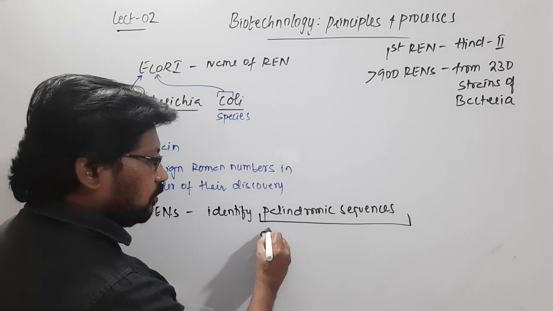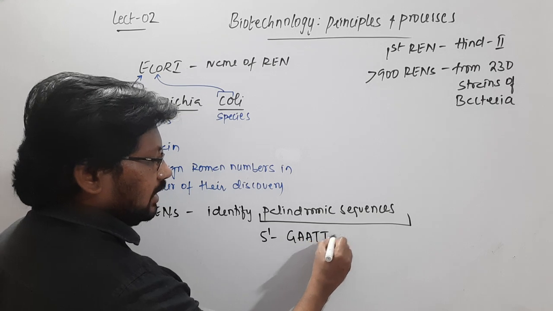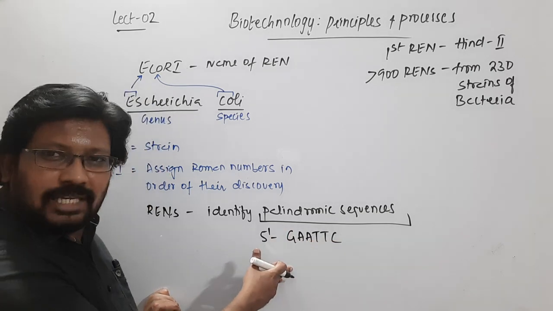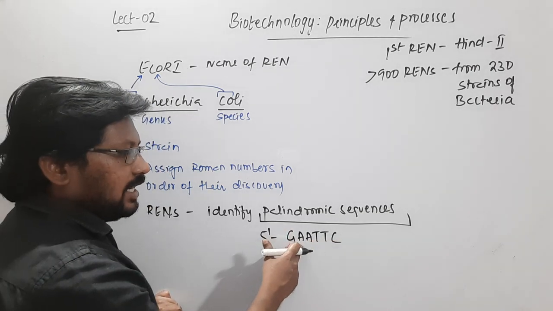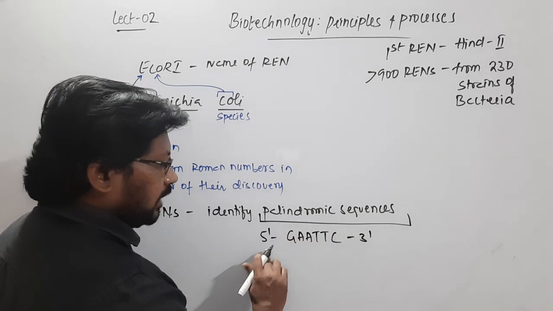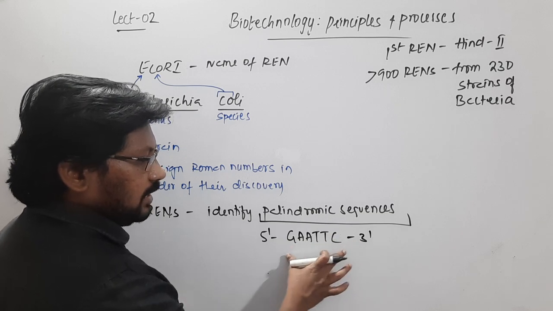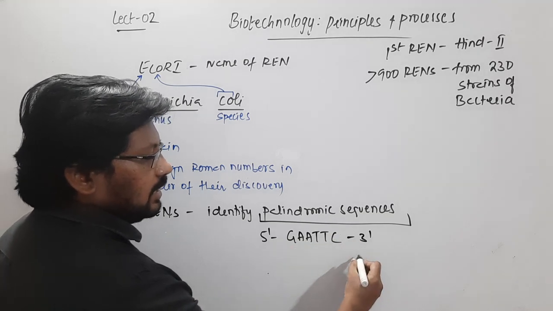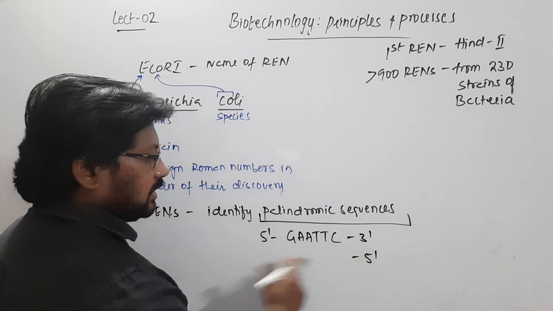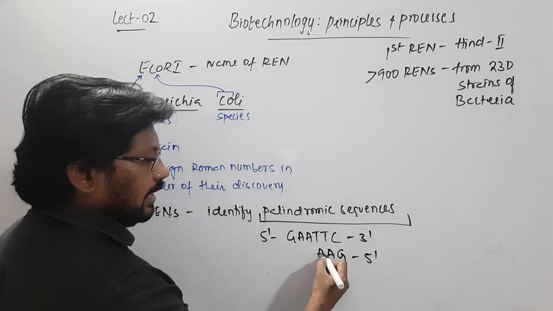Say suppose I take, from 5', GAATTC, the nitrogen bases guanine, adenine, thymine and cytosine. When you read from left to right, it is GAATTC. And when you come from the right side back to the left side, again it is GAATTC.